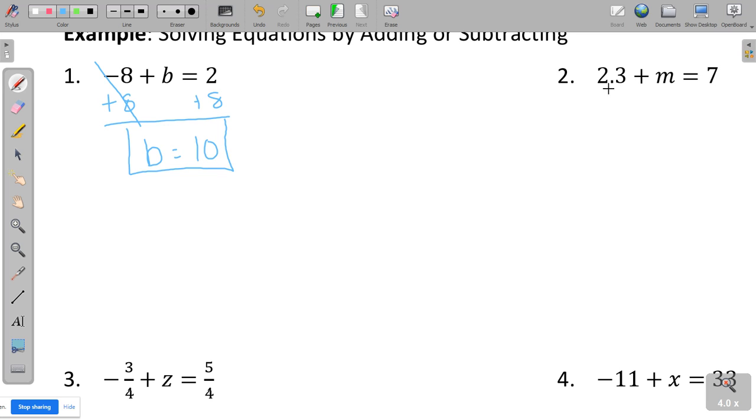Number 2, 2.3 plus m equals 7. 2.3 is positive. So we have to do the opposite and subtract 2.3 from both sides. It cancels out. We bring down our m equals 7 minus 2.3, which gives us 4.7.